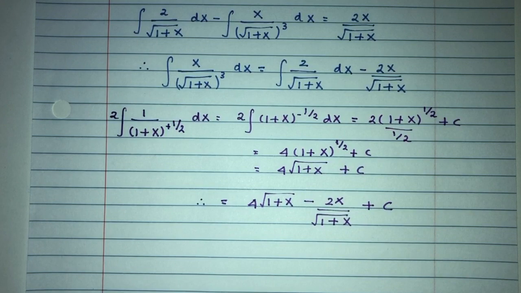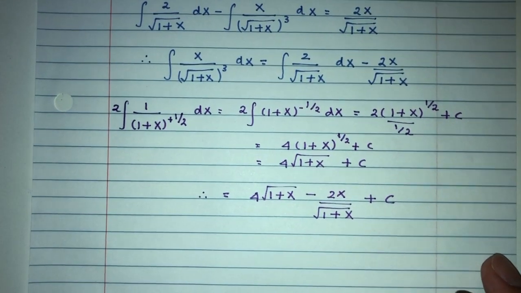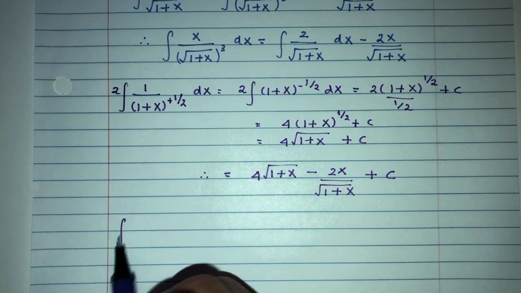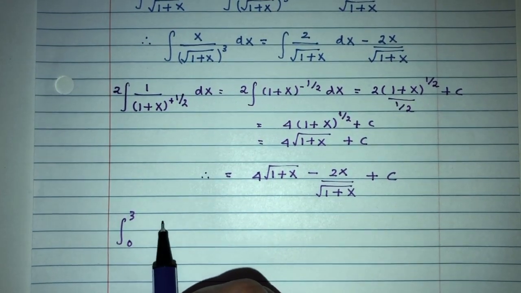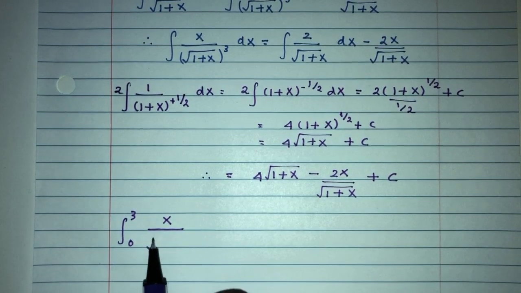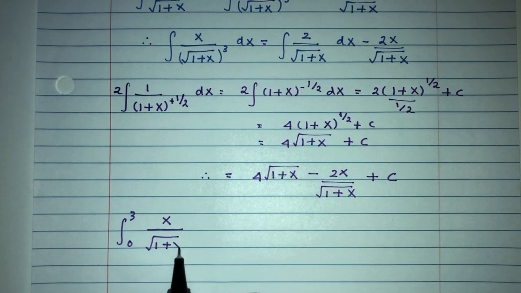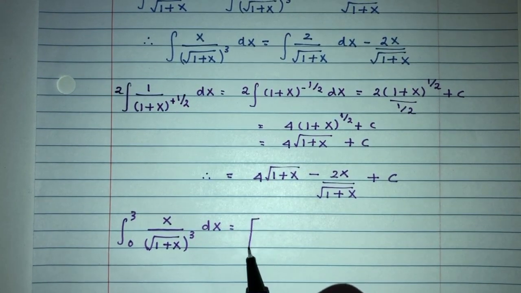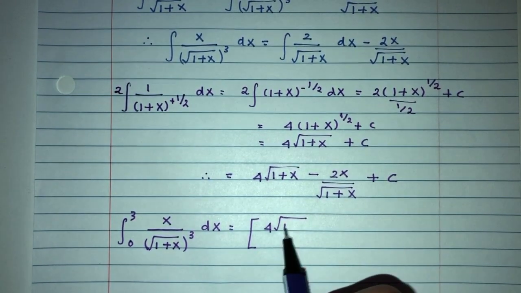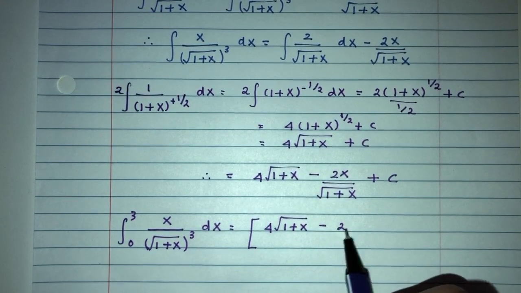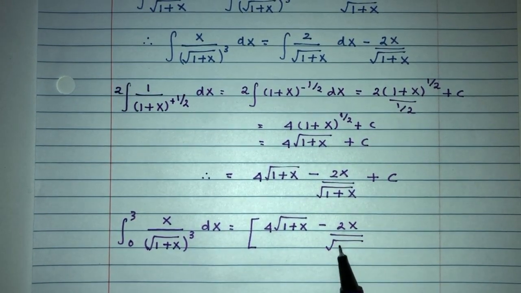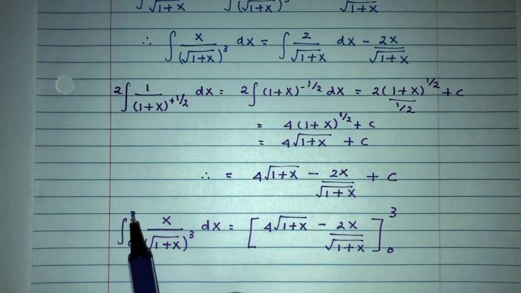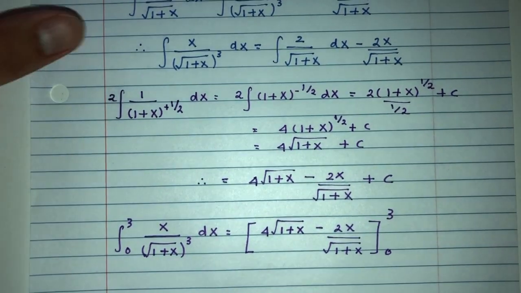Now we have to solve the equation between the limits of 3 to 0. So the integral from 0 to 3 of x over (1 + x)^3 will be this over this. Now when we have limits of integration, we don't need the constant anymore.